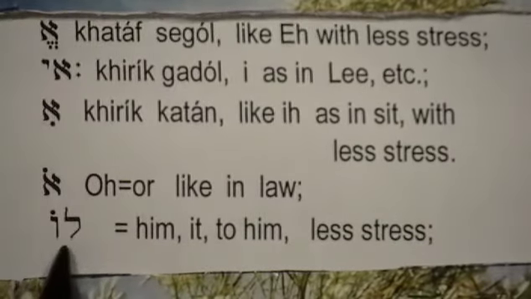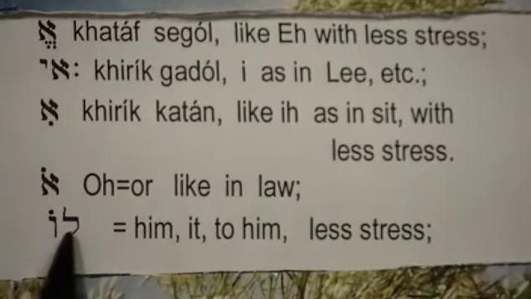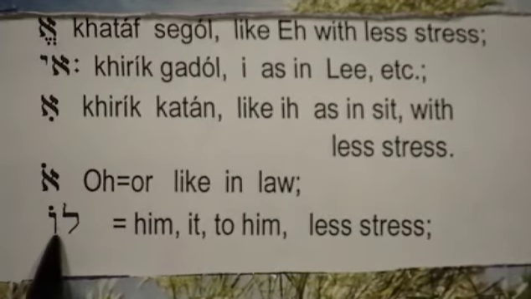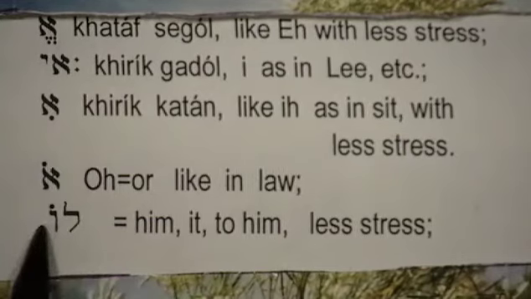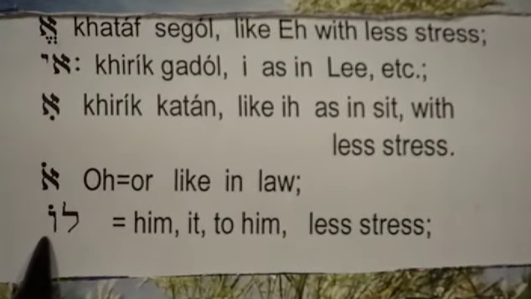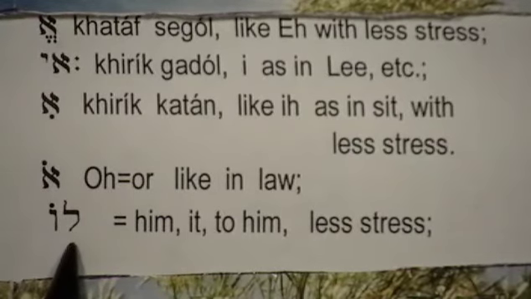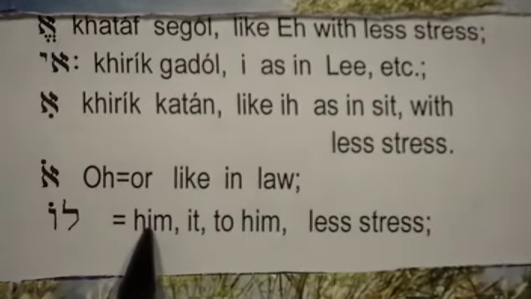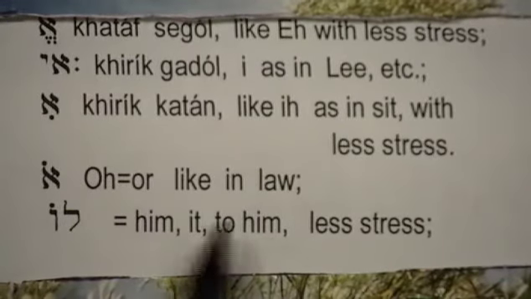But this one, when you see this with the holam, lamed and the vav with a dot, it's called a holam, but this is O, but with less stress. It means him, it, or to him.